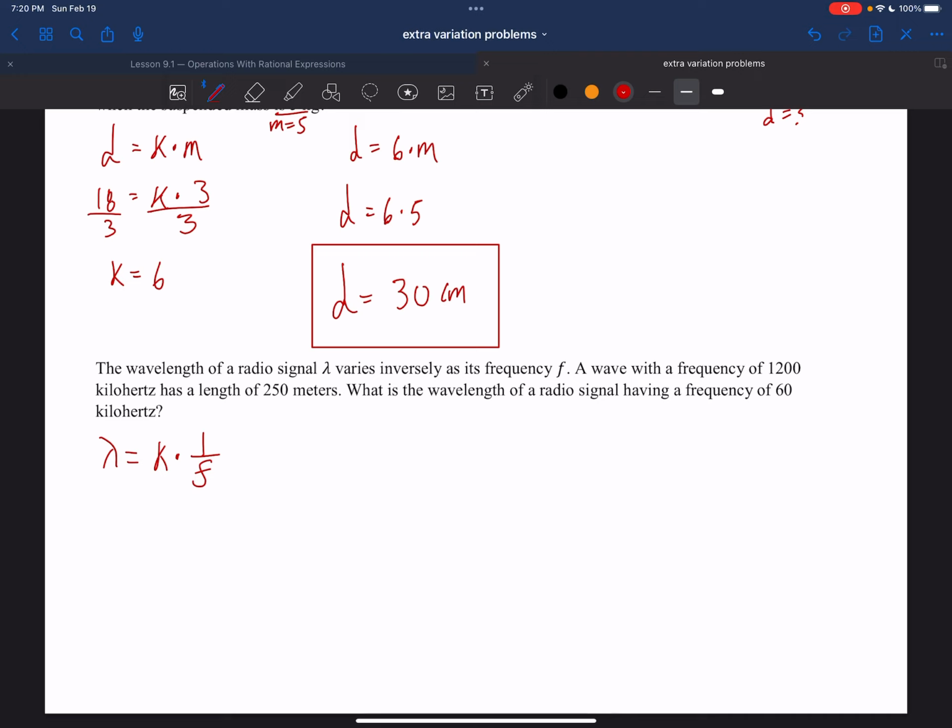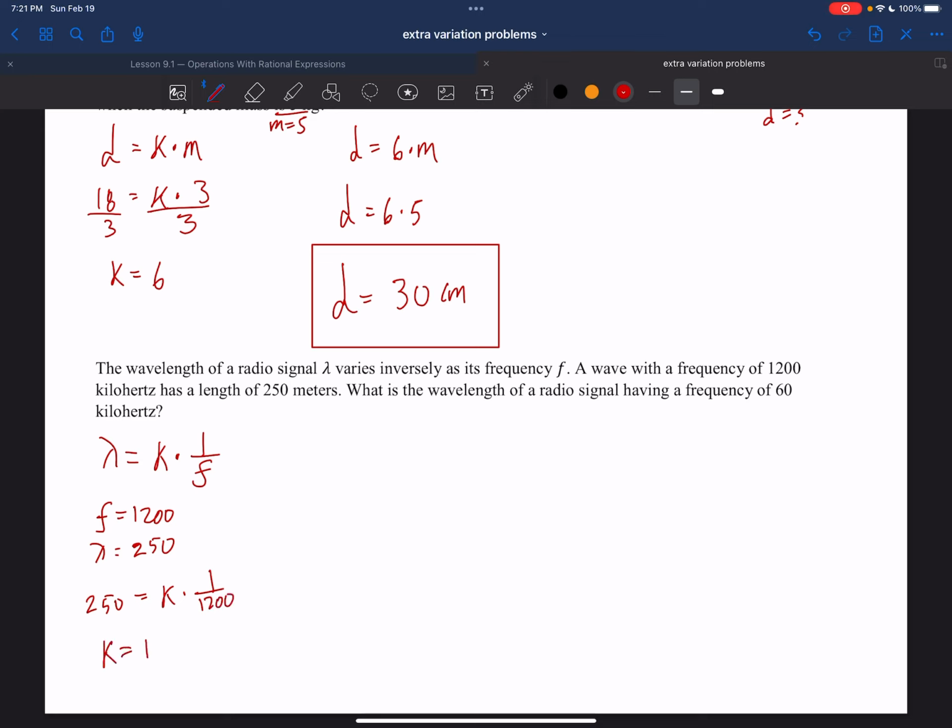It says that the frequency is 1200, so I'm going to say f equals 1200, and the wavelength is 250. So I've got 250 equals K times 1 over 1200.